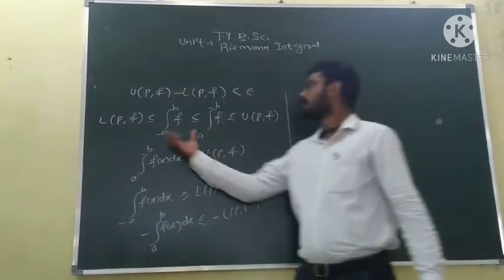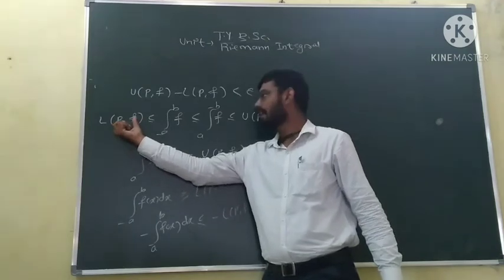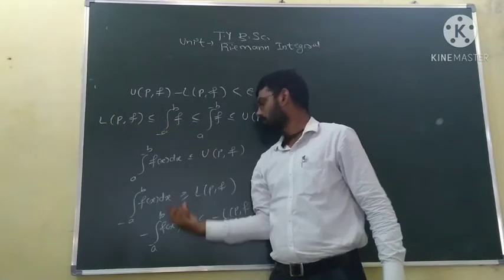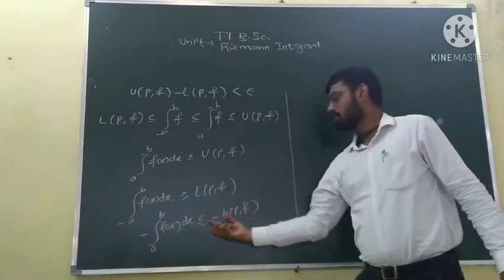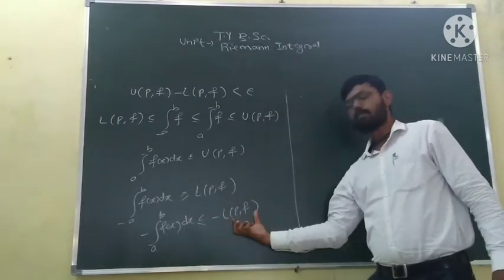From this, the lower integral was greater than or equal to lower sum, but we are multiplying by minus, so minus of lower integral becomes less than or equal to minus of lower sum.